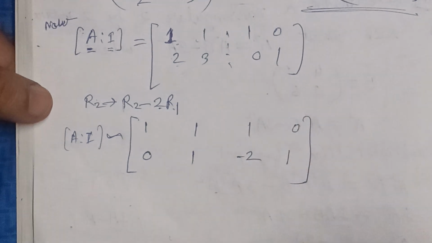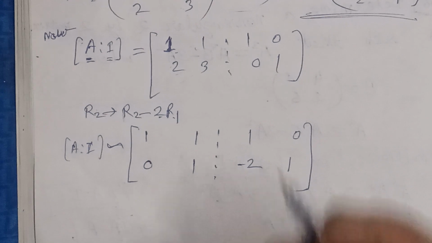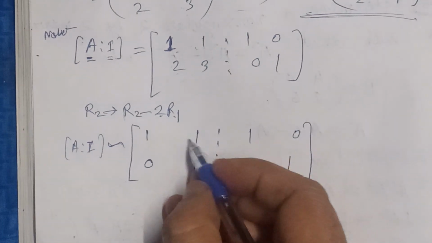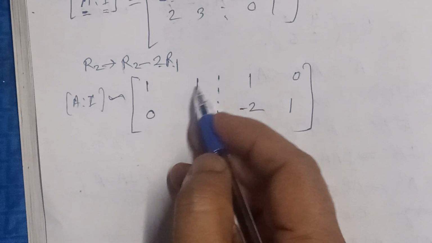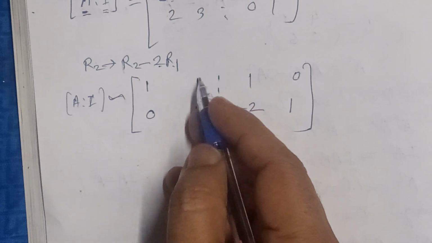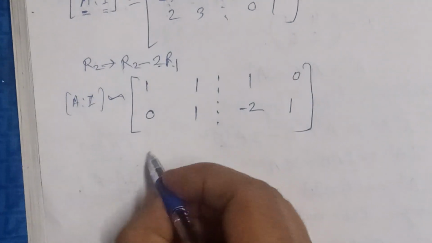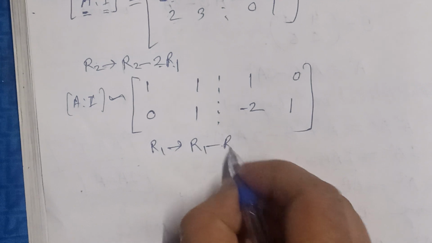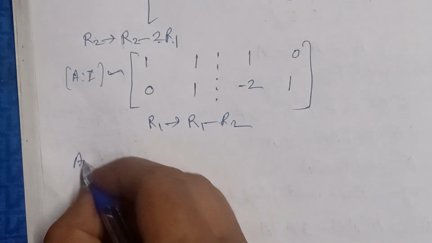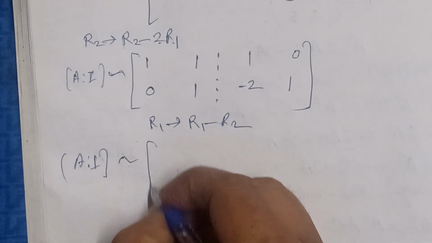Also in this element we have to get 0. So we take the operation R1 minus R2. A I equivalent matrix.